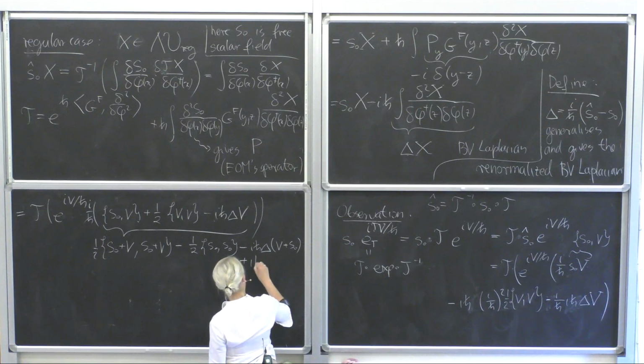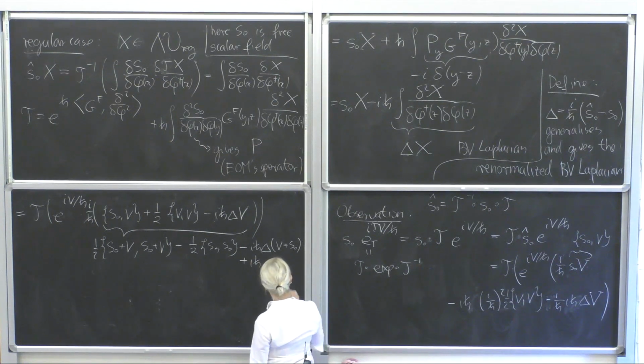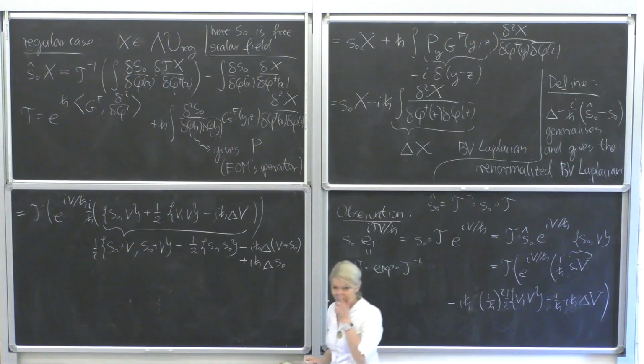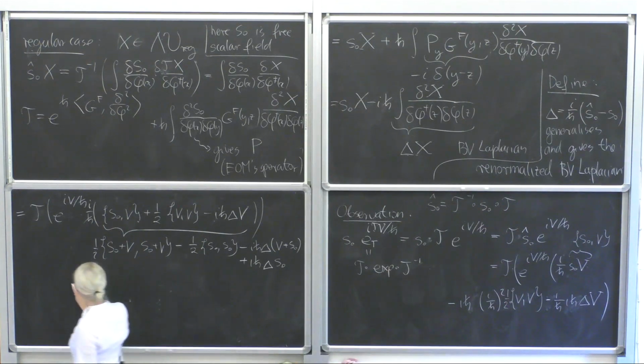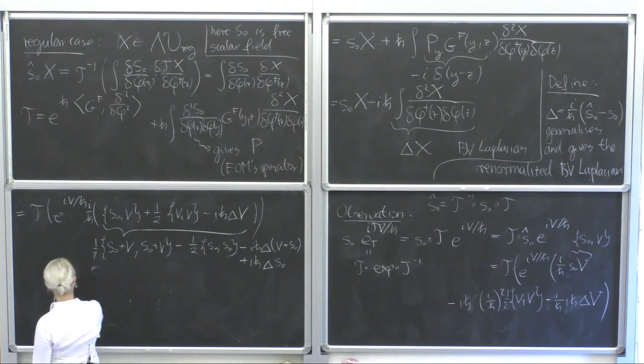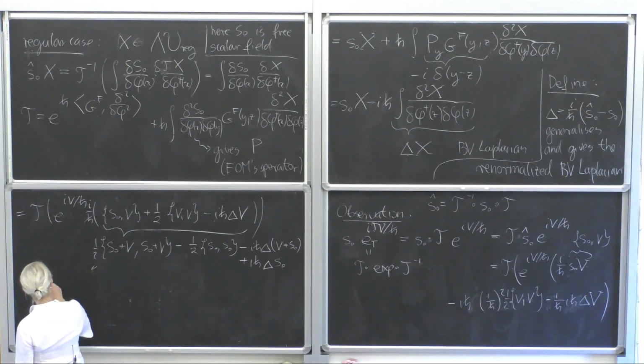So plus i h bar delta S0. And now I can group it into two terms. So this is 1/2.